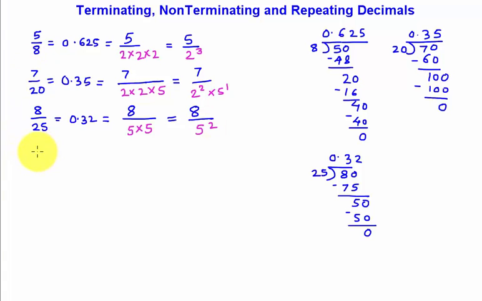5 by 6. Now let's carry out the actual division. Here 6 is the divisor and 5 is the dividend. Now taking the decimal, 6 8s are 48. Subtracting, we get 2 as the remainder. Then 6 3s are 18. So 20 minus 18 is 2.